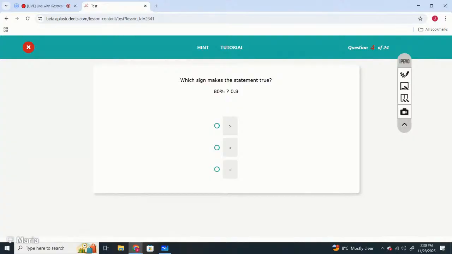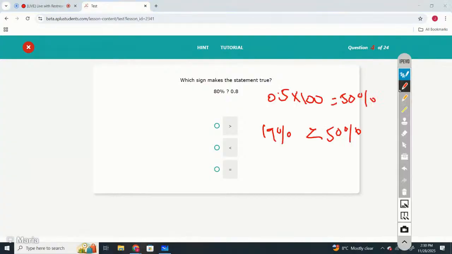Which sign makes the statement true? 80% and 0.8. So which is the correct option? Convert this 0.8 into percentage form.